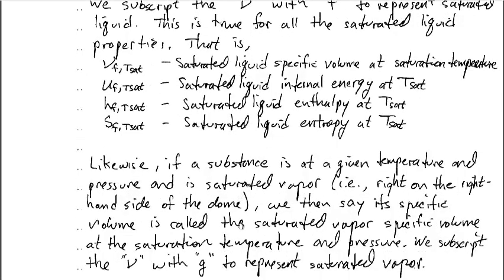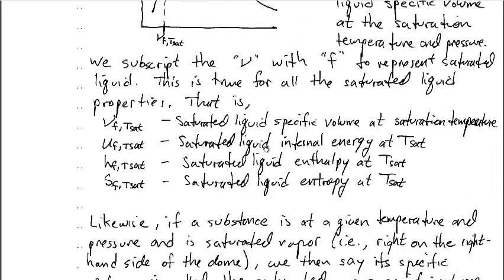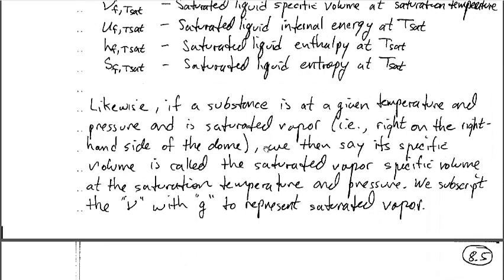Likewise, if a substance is at a given temperature and pressure and it's a saturated vapor, that is, it's right on the right-hand side of the dome, right on this side of the dome here, then we say that its specific volume is called the saturated vapor specific volume at the saturation temperature and pressure.